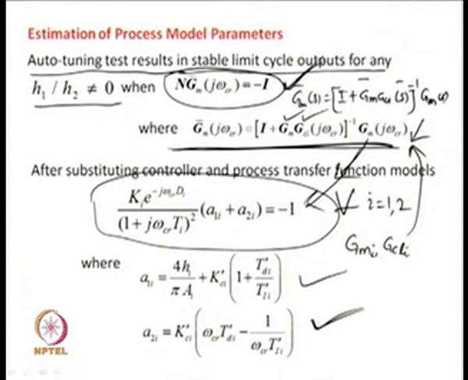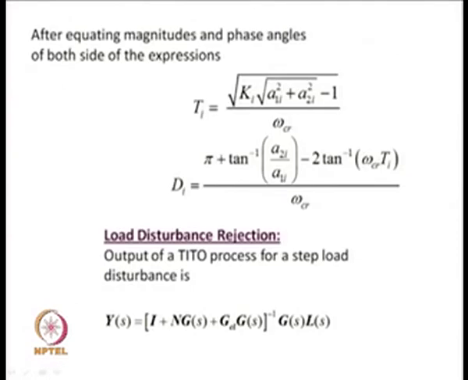Okay. So, after obtaining this, since we have an equation in complex variables, upon simplification we equate the magnitudes of both sides of that equation.